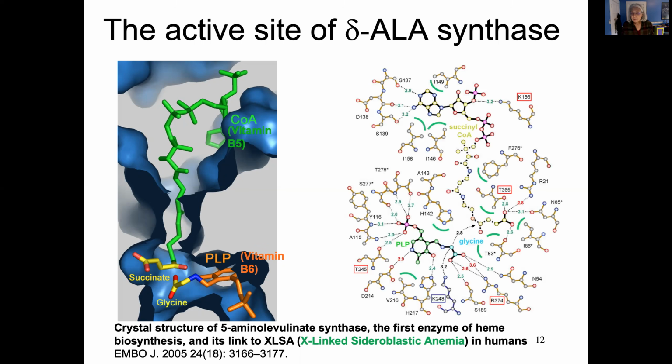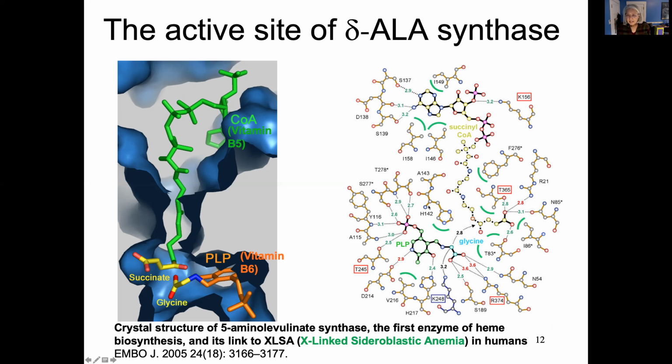All right, and if we look in detail at the different amino acid side chains around this enzyme active site, and again, we're not going to really look at these one by one in detail, but I just want to show you that there's lots of different kinds of interactions as shown by these green semicircles here, hydrophobic interactions, and here we have hydrogen bonding interactions, all very specific for different parts of the substrates.